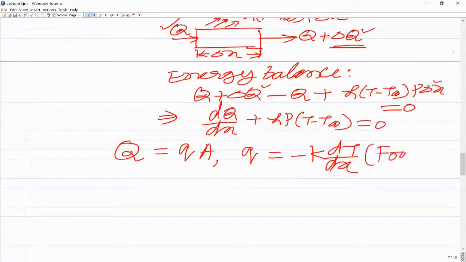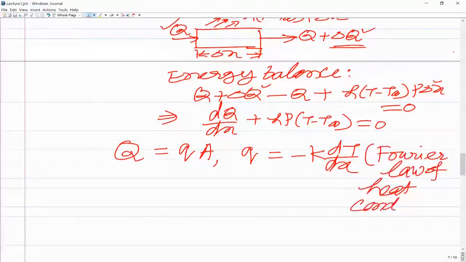Fourier law of heat conduction. Here we are also assuming that the material is isotropic and linear, which means thermal conductivity is independent of temperature, and isotropic, so a temperature gradient along the x direction gives rise to only heat flux along the x direction.